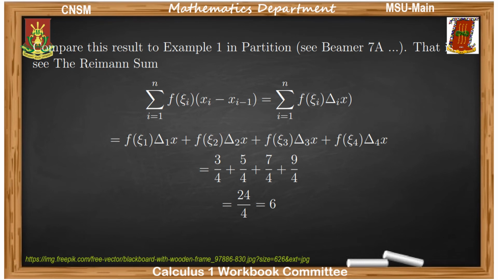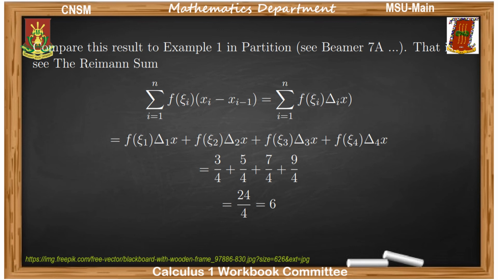To compare this result to example 1 in partition, see Beamer 7a, that is to see the Riemann sum, where the summation of f of epsilon sub i times the difference of x sub i minus x sub i minus 1, as i goes from 1 to n, is equal to the summation of f of epsilon sub i times delta sub i of x, which is f of epsilon sub 1 delta sub 1 of x plus f of epsilon sub 2 delta sub 2 of x plus f of epsilon sub 3 delta 3x plus f of epsilon sub 4 delta 4x.